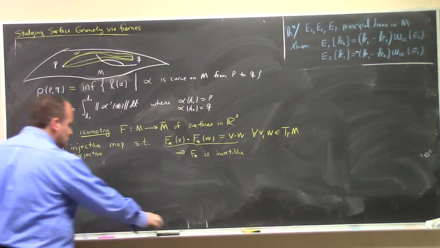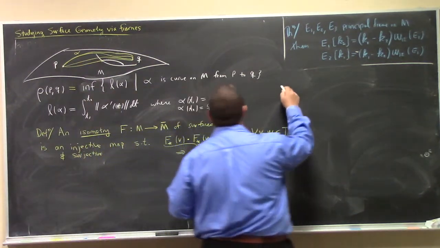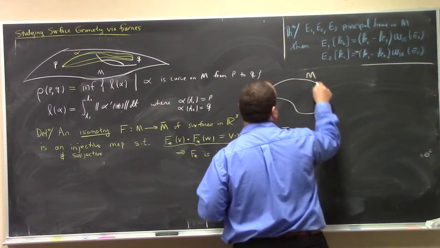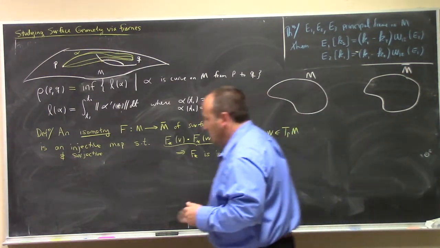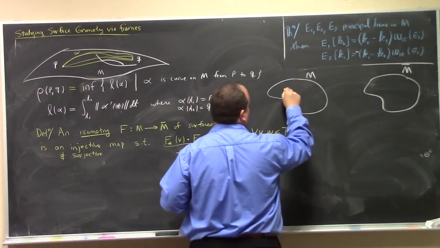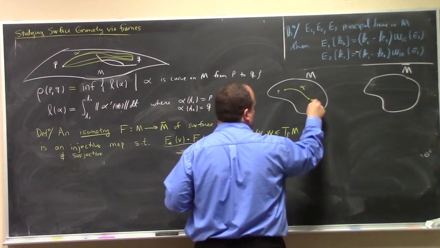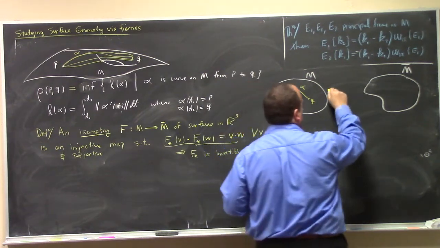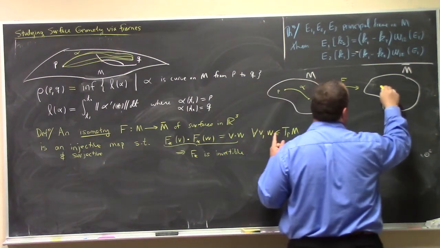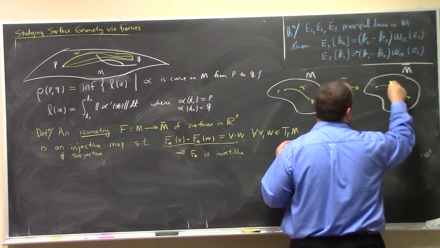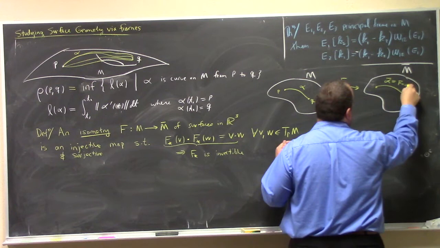Let me draw a picture. So if this is M, and over here is M bar, right? And you've got a curve, alpha, and it connects, say, point P to point Q in M. And then you've got an isometry of surfaces, F here, all right? And it carries alpha over to what we might call alpha bar, which is F composed with alpha.